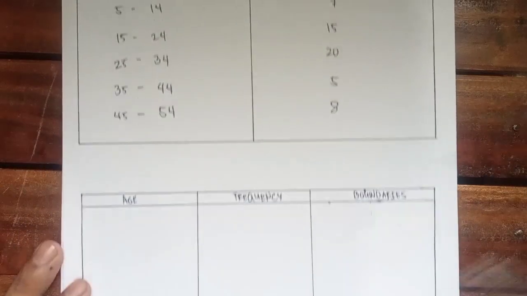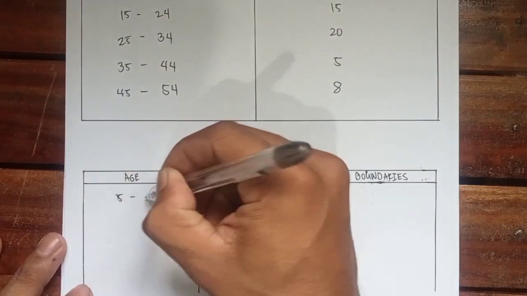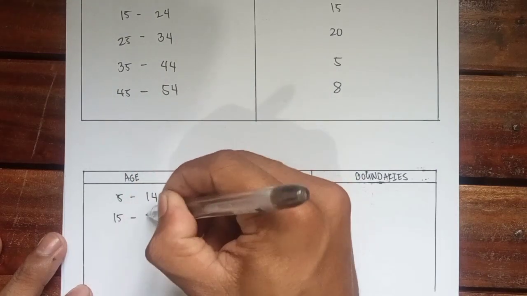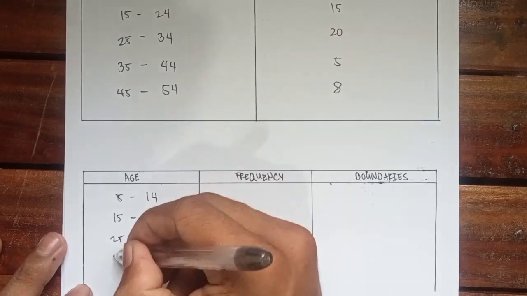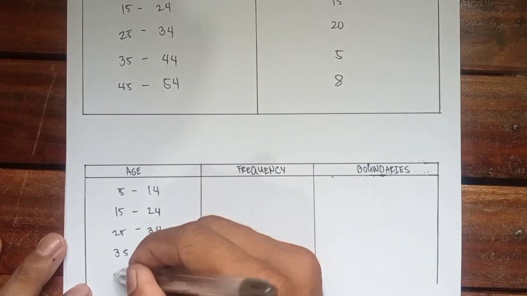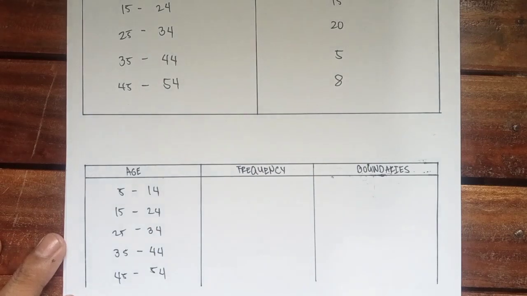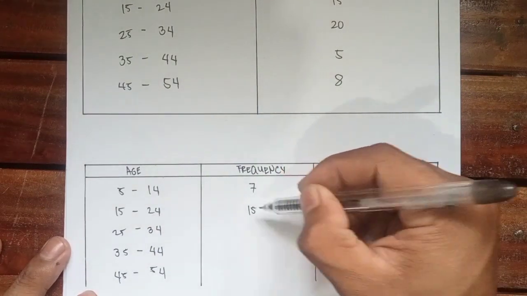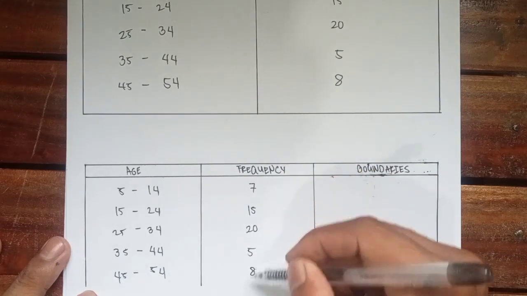So, lagay po natin sila dito sa table again. Age range 5 to 14, 15 to 24, 25 to 34, 35 to 44, and 45 to 54. So sa frequency is lagay lang natin yung 7, 15, 20, 5, and 8.